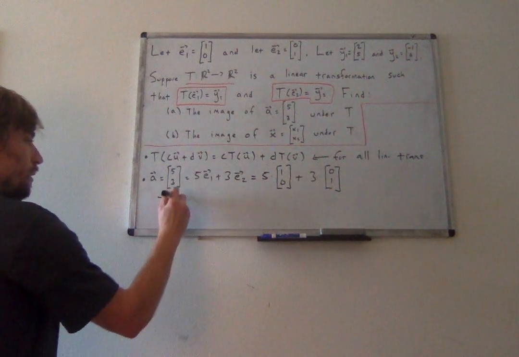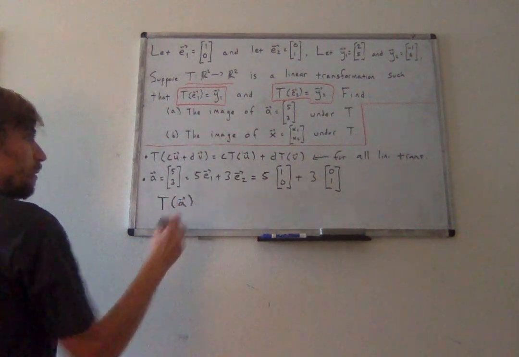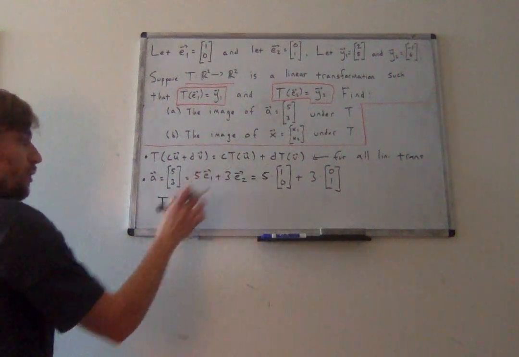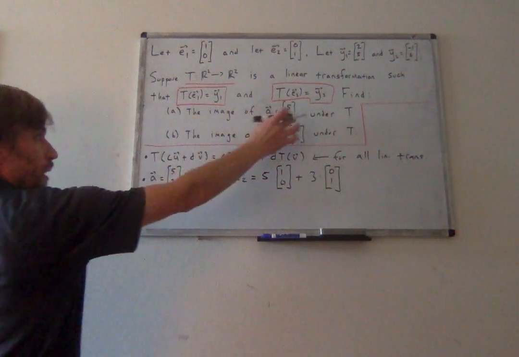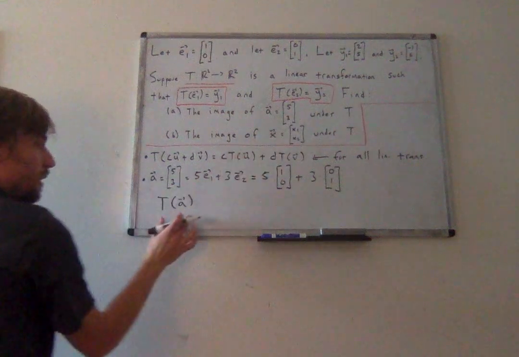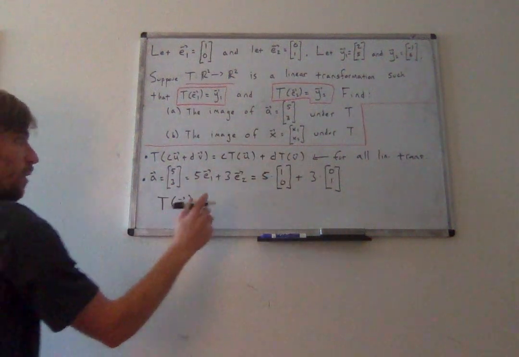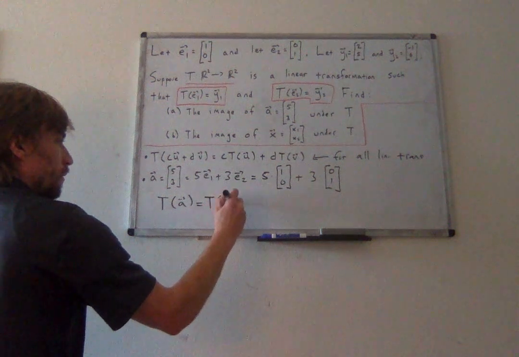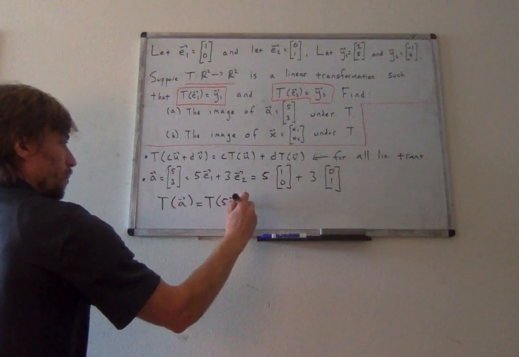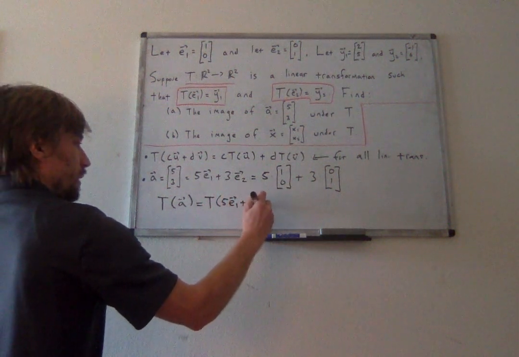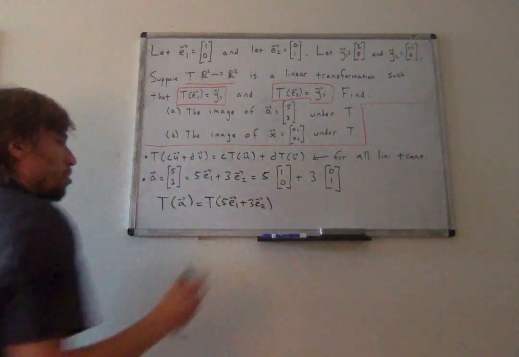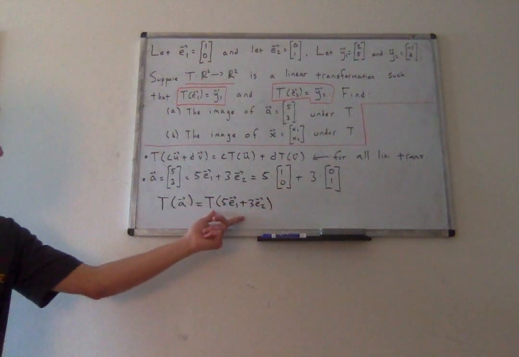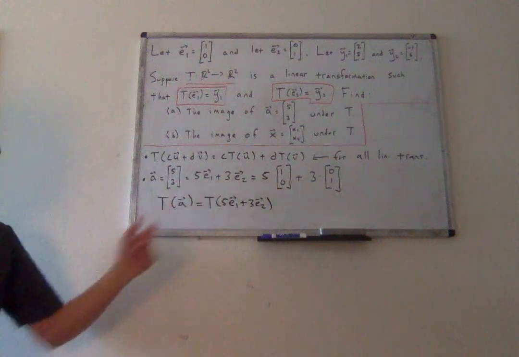So T(a), the image of a under T, is equal to T(5e1 + 3e2), right? And this we know from the fact that we've shown here.